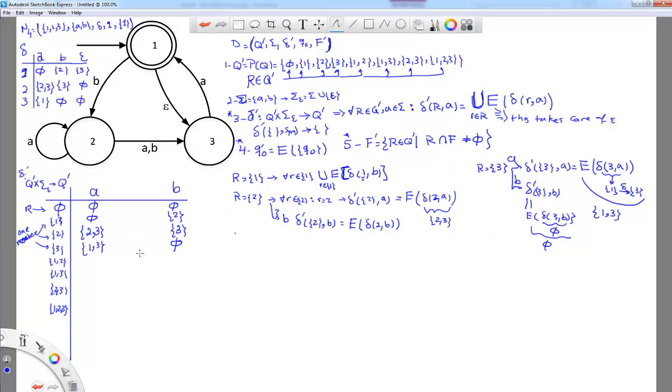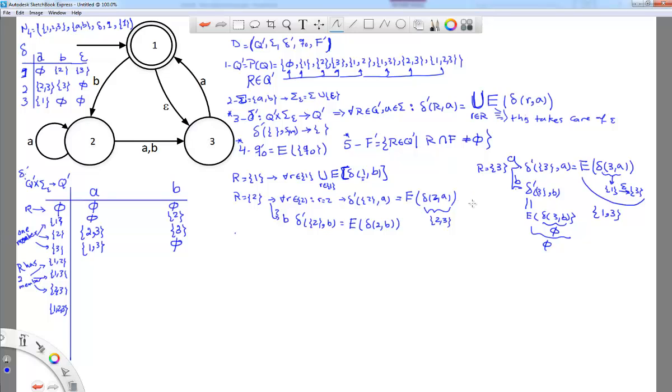So we're going to go to the empty set. Wonderful. We took care of all the states that were made of one original state. Now we need to do the two-state sets. If you look at these, R has 2 members.